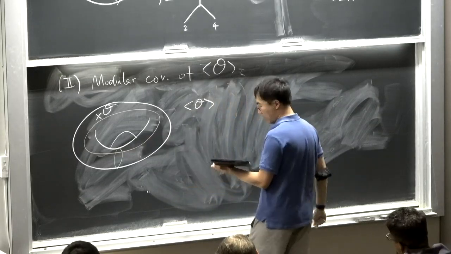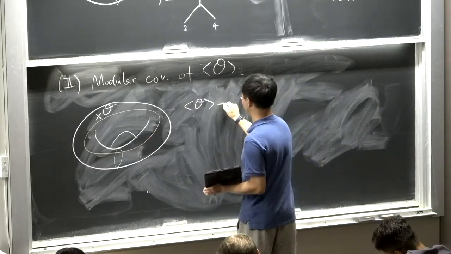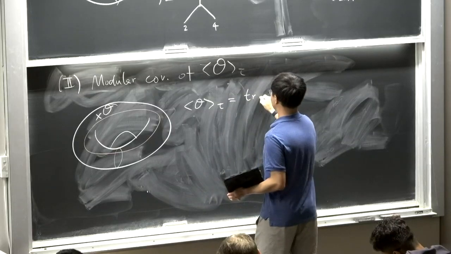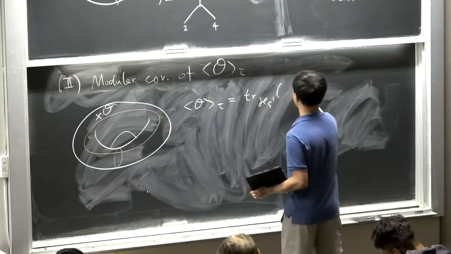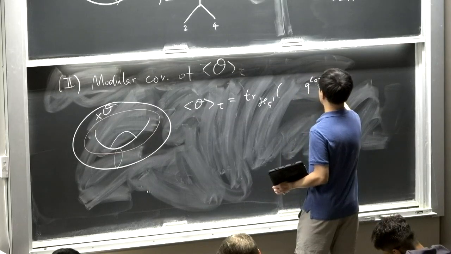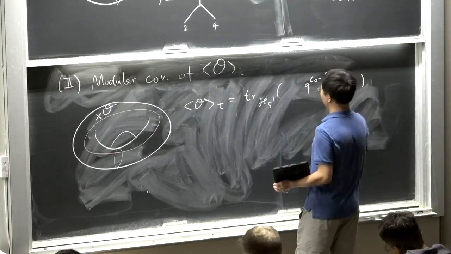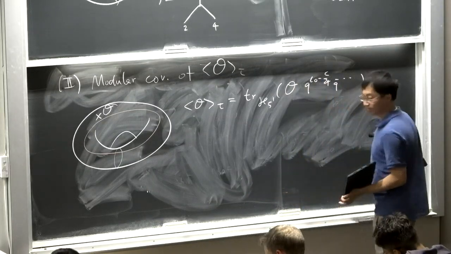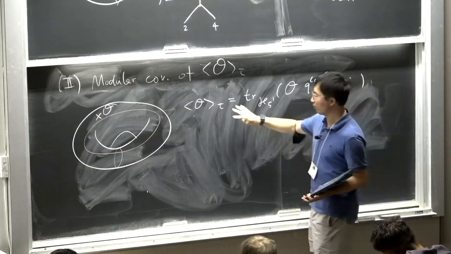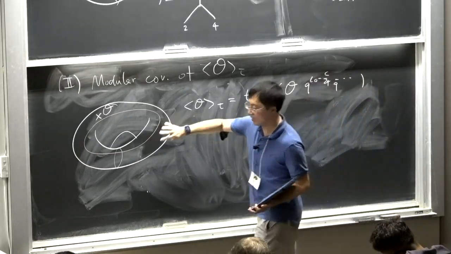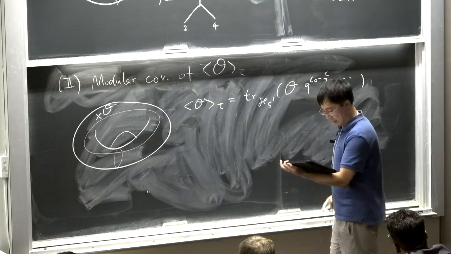One expression is just the torus 1-point function, which is nothing but the same trace we had before, with the q to the L0 minus c over 24, q bar, and so on, but now with the operator insertion. The other is similar, but with tau inverted, because these 2 cycles are related by an S transformation.